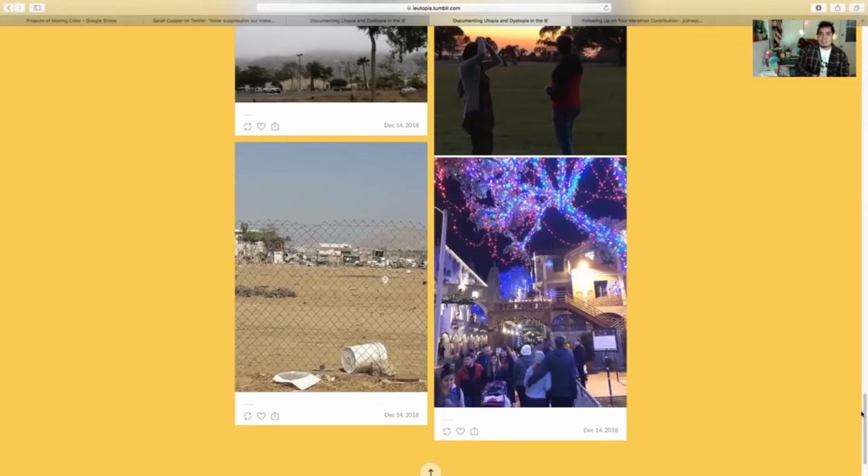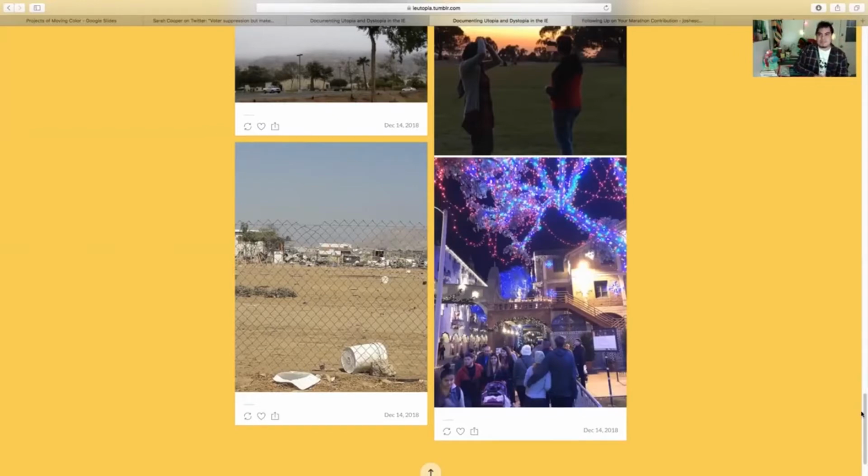And then on the right, these people think this is a really great light-up exhibit, but for me, it just looks completely dystopian. And so the conclusion that we came to was that utopia and dystopia can be mapped on top of each other.